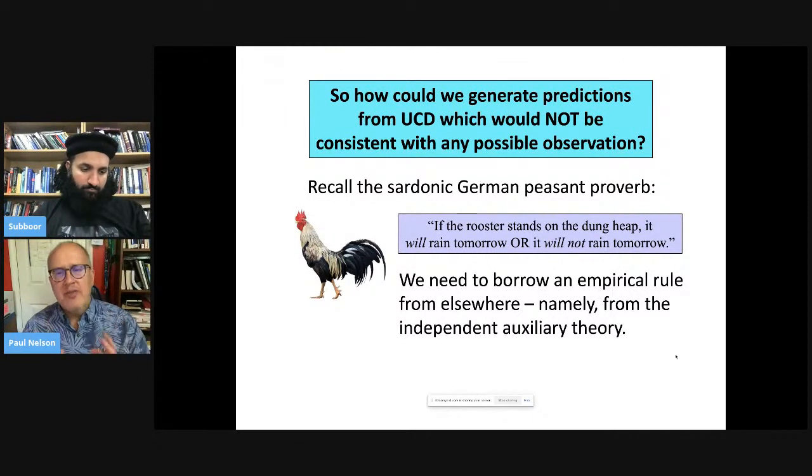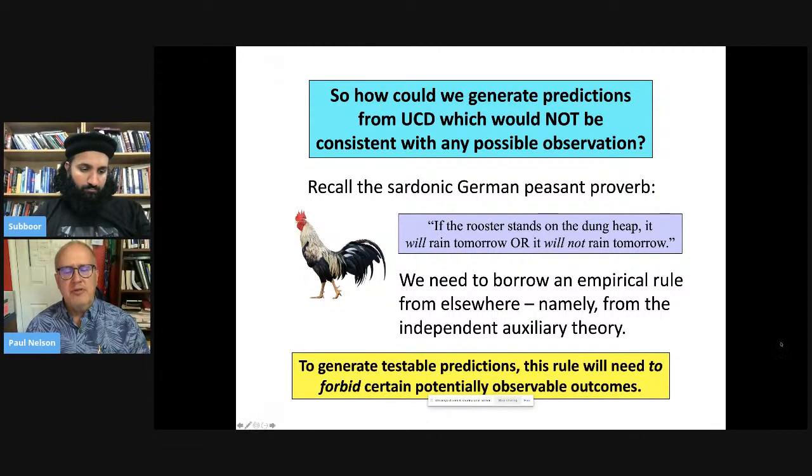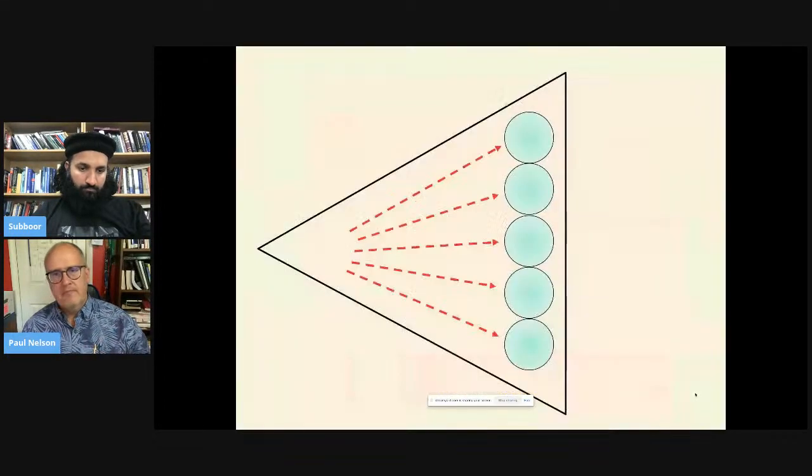So to avoid having an empirically empty theory, we need to borrow a rule from elsewhere. And that's going to come from our independent auxiliary theory. So to generate testable predictions from universal common descent, which again, because it's perfectly general, needs help to do so, that rule will need to forbid certain potentially observable outcomes. We have to rule them out.